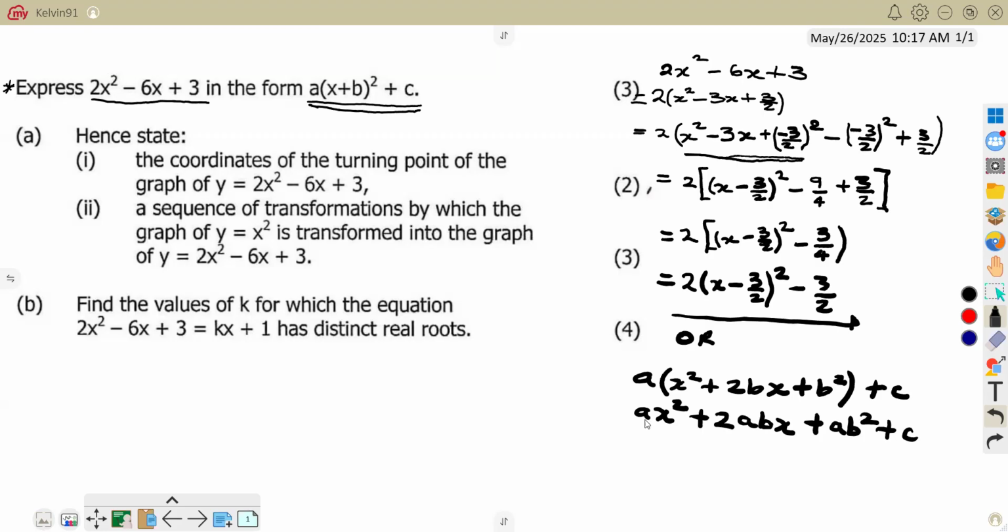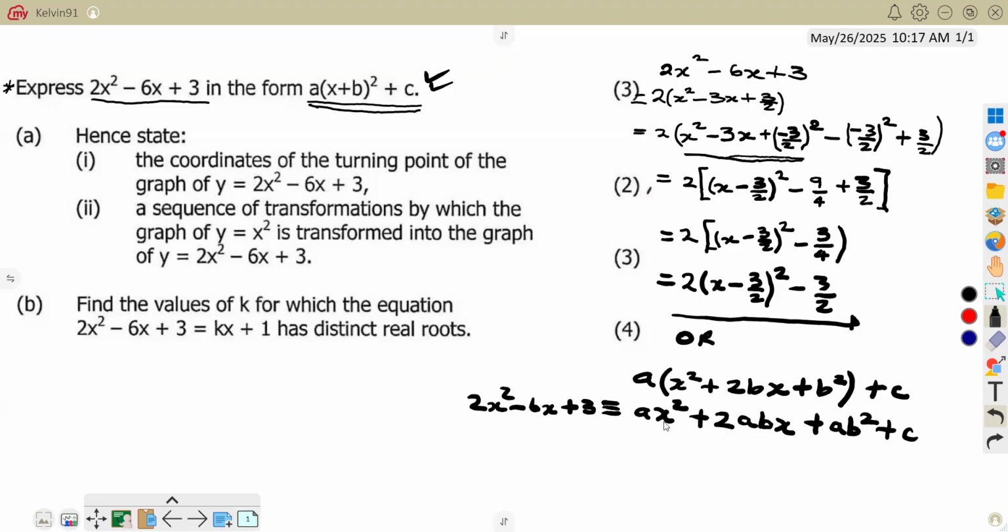This becomes our expanded form of this part. So this part which we have expanded is identical to the given expression, which is 2x squared minus 6x plus 3.